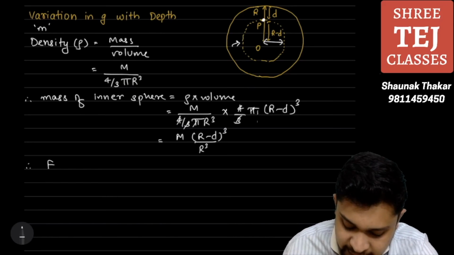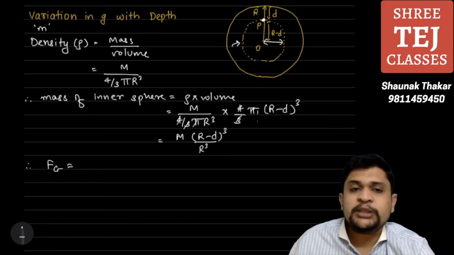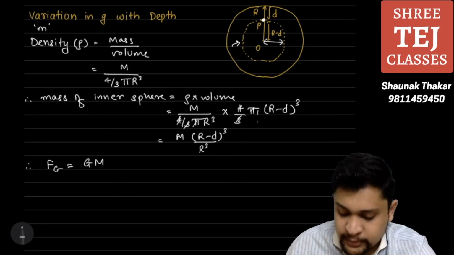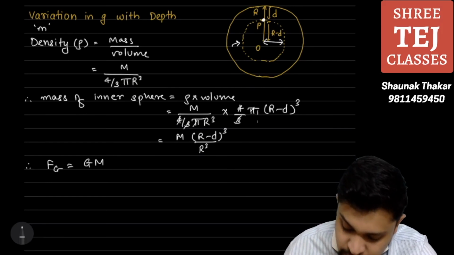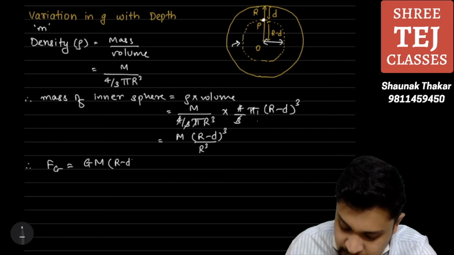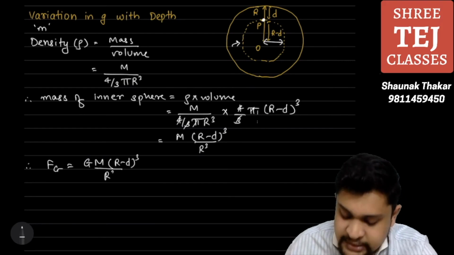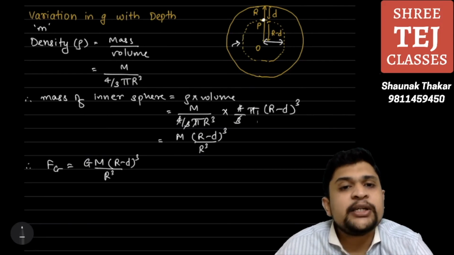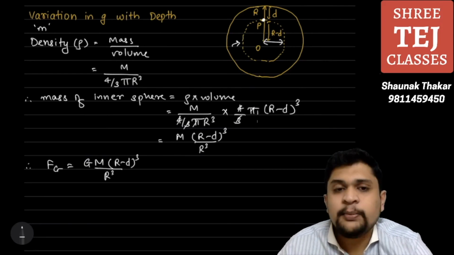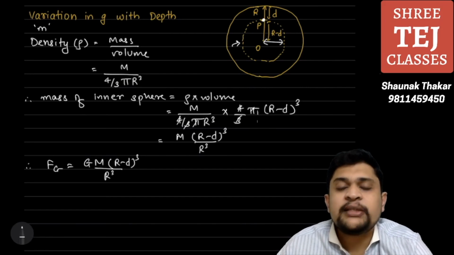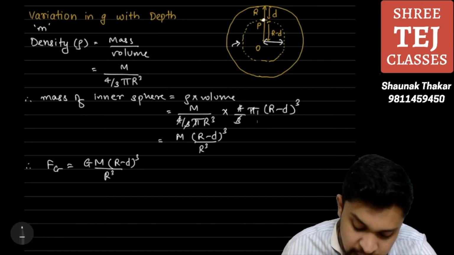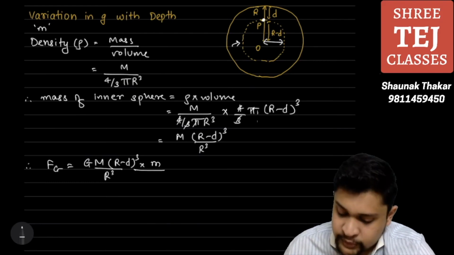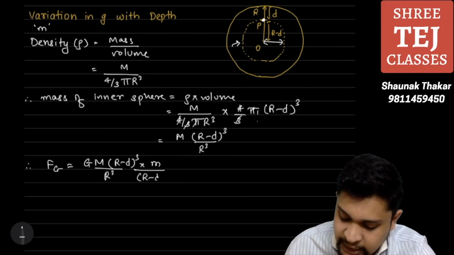Therefore, gravitational force acting on the object at point P, whose mass is m, is G into M (r minus d) cube upon r cube. See, that would be the mass of the earth that is exerting gravitational force, not complete M, but M into (r minus d) cube upon r cube into mass of the object divided by radius square, so that would be (r minus d) square.